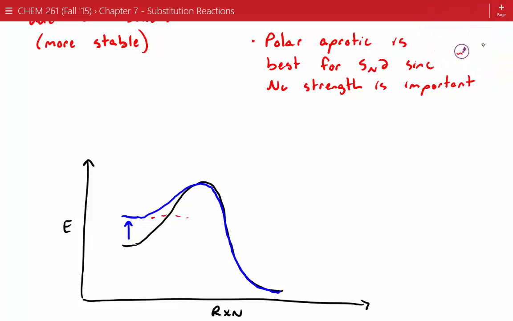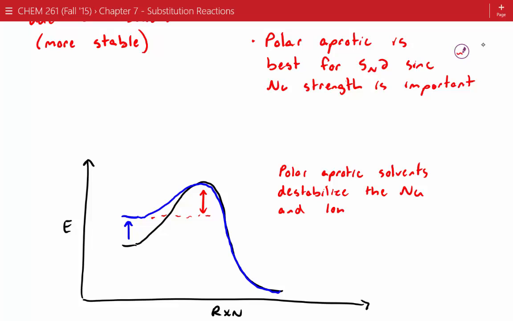So if we think about this, polar aprotic solvents destabilize the Nu, or nucleophile, and lower the activation energy.